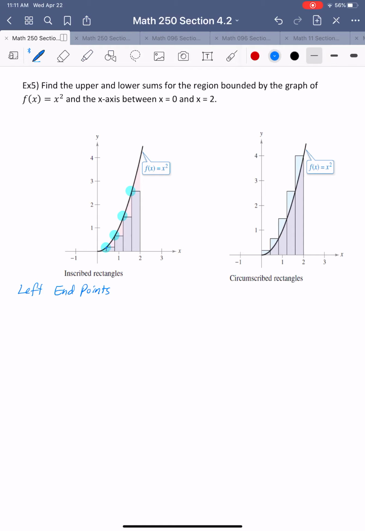So I want to put that as m sub i. This is going to be a, and a is 0.